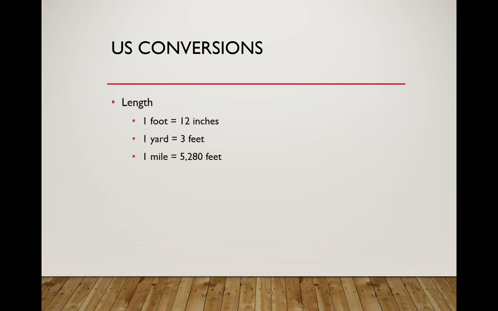Okay. And here right now is why I do not use the US system. So length, 1 foot equals 12 inches, 1 yard equals 3 feet, and 1 mile equals 5,280 feet, which I think is a very arbitrary number, but there you go. For volume, 1 cup equals 8 fluid ounces, 1 pint equals 2 cups, 1 quart equals 2 pints, and 1 gallon equals 4 quarts.